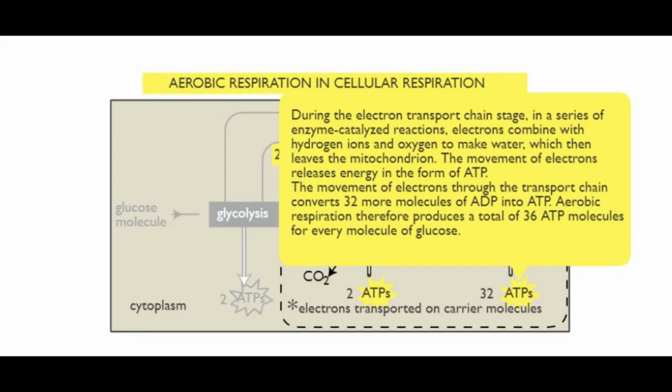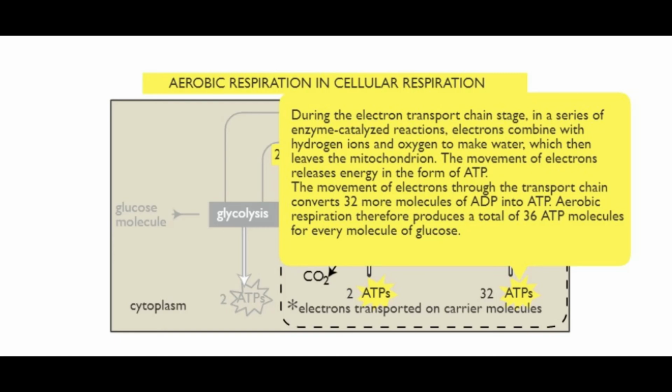During the electron transport chain stage, in a series of enzyme-catalyzed reactions, electrons combine with hydrogen ions and oxygen to make water, which then leaves the mitochondrion. The movement of electrons releases energy in the form of ATP.